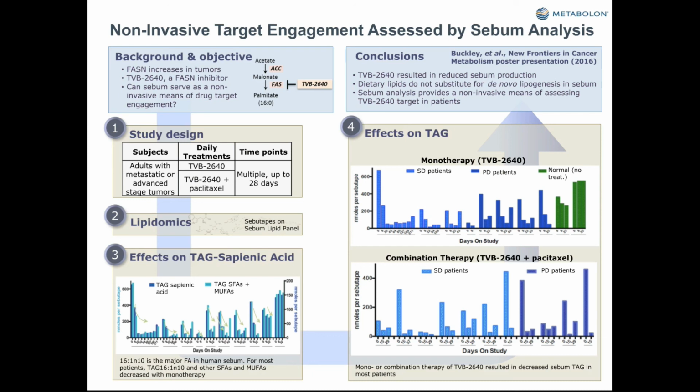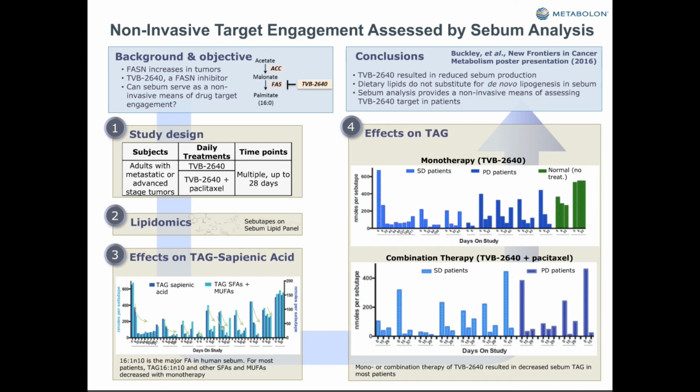But within each individual, the amount of sapienic acid as well as short-chain fatty acids and monounsaturated fatty acids reduced dramatically after the use of the monotherapy, suggesting that this drug also impacts fatty acid synthesis in the sebum. When they look at the triacylglycerol composition, the triacylglycerol levels also reduce within those subjects, either with the monotherapy or the combination therapy.